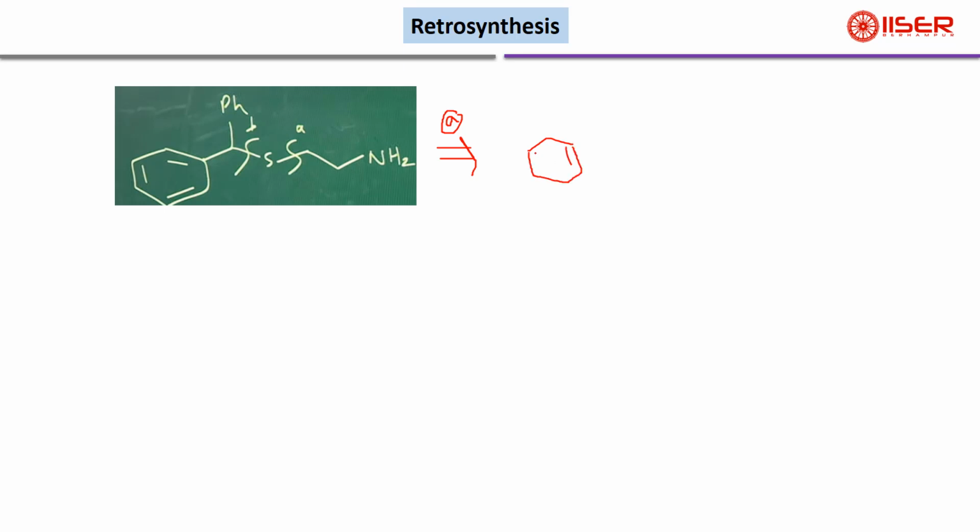Whatever retrosynthesis you are planning, you have to see which plan has fewer problems or fewer chances of side reactions. That retrosynthesis will be preferred. There will be a negative charge here.